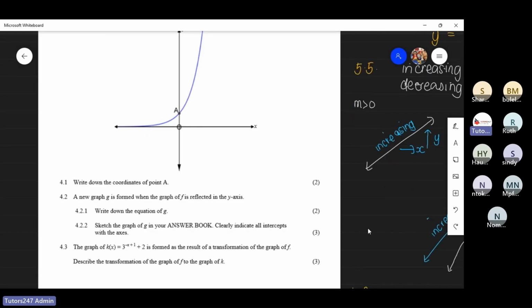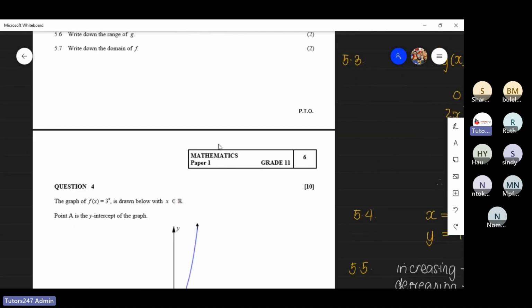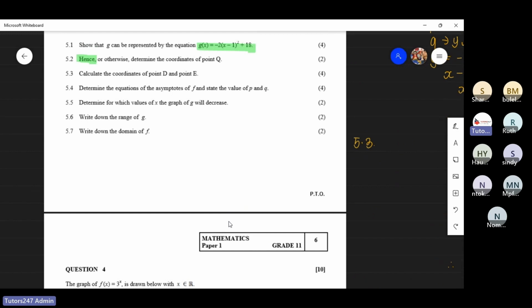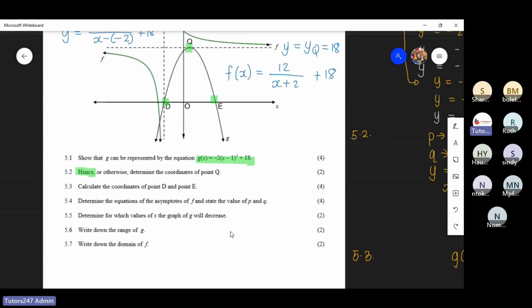Question 5.6 states, write down the range of G. So I previously mentioned, I believe in the first question that we attempted, that the turning point of our parabolic function is very important.